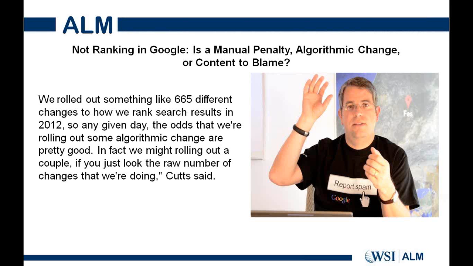And what he basically says is that on any given day, the odds are that we're rolling out some sort of algorithmic change. And we might be rolling out a couple, if not just one. So you might see fluctuations even on a day-to-day basis as far as your rankings are concerned, because there's some algorithmic change that the site might get captured in, or become a part of, and that's the reason why there's going to be fluctuations going up or going down.